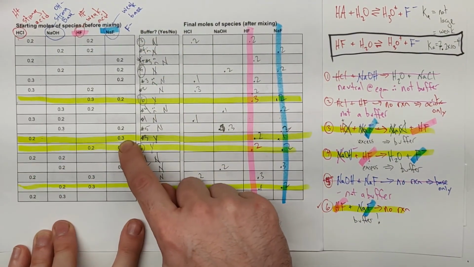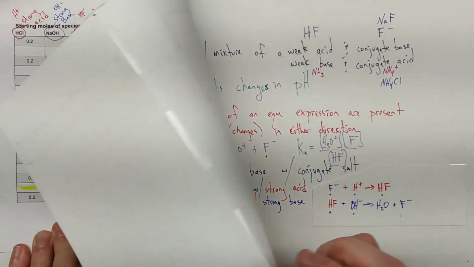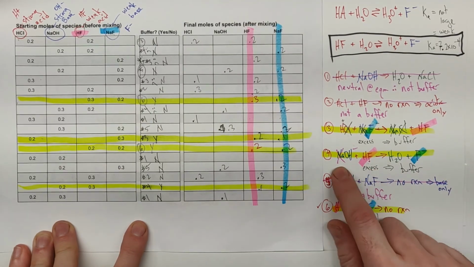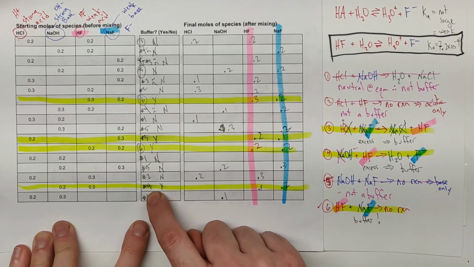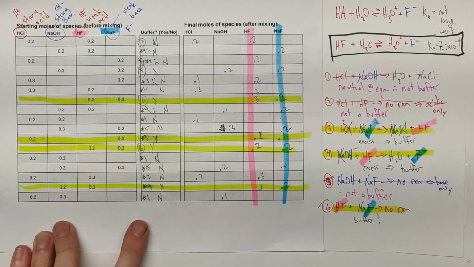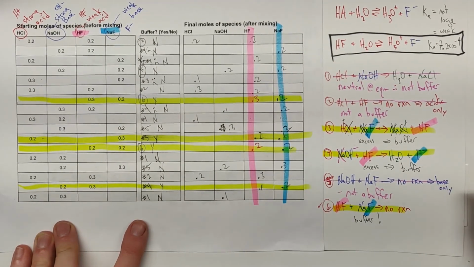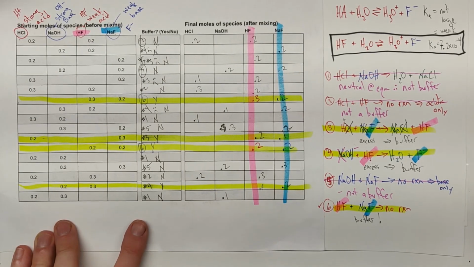Strong acid, excess weak made a buffer. And then we can also have excess weak acid with strong base, and that was our HF and NaOH, number 4. And we had some 4s that didn't work, but there was a number 4 that did work, excess weak with strong. So that's kind of an exhaustive set of examples, but hopefully you get the idea that these are the ways you can make a buffer. And we'll apply that in some specific buffer system analysis examples.